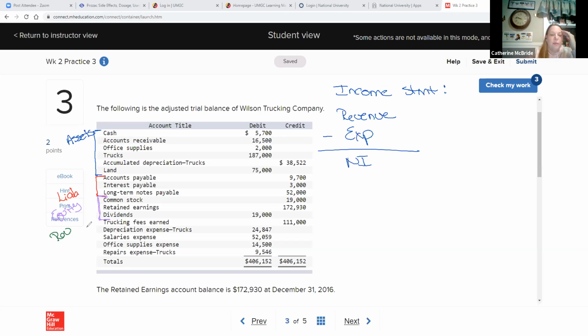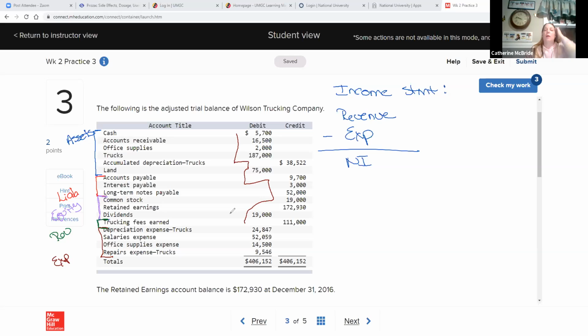Then we have revenue. And last but not least, we have expenses. It's because they're in this order that this looks jagged like this, because the assets are debits except for the contra asset. And so this is the order that it's in.